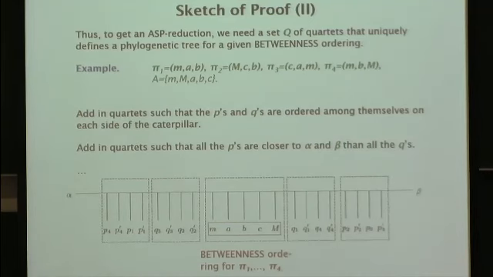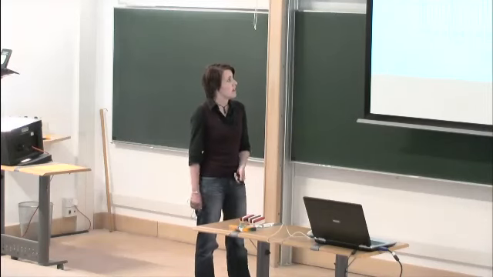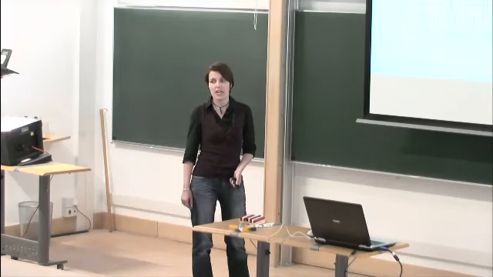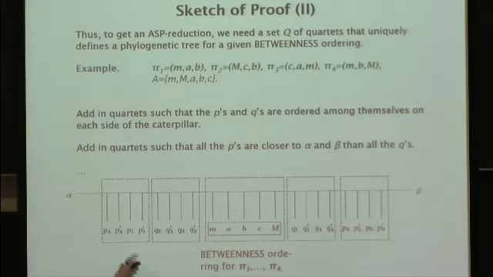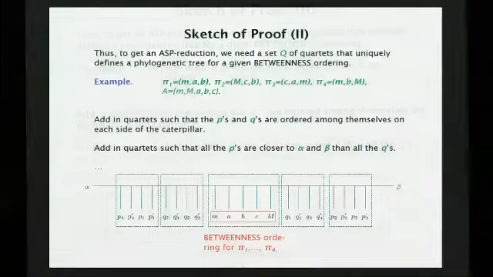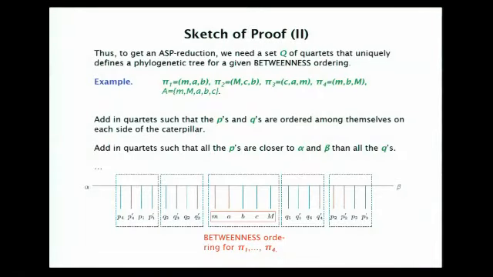So we were thinking, okay, we add in more quartets such that the P's and the Q's are ordered among themselves. And with that, I mean that the higher the indices of the P's and the Q's, the closer they are to alpha and beta. And additionally, we add in some quartets that guarantee that all the P's are closer to alpha than all the Q's.